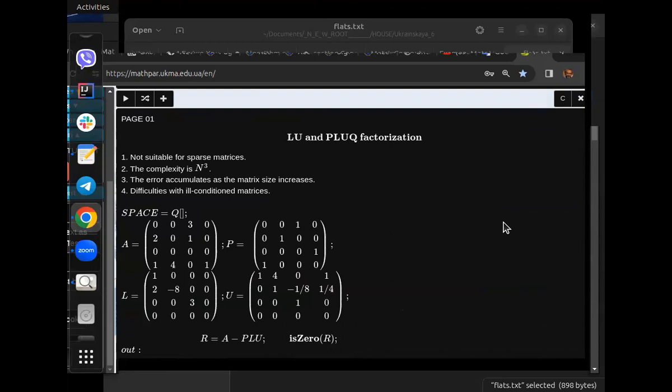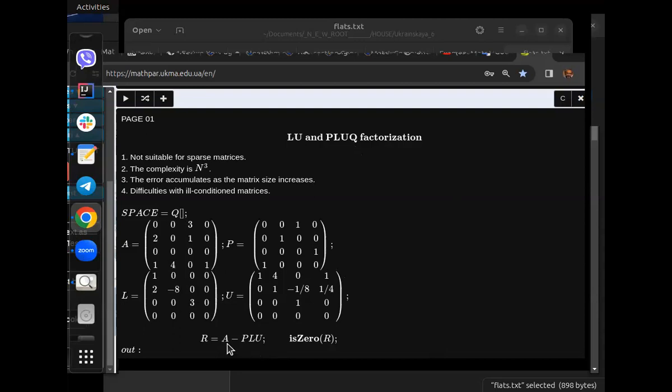Everybody knows the LU factorization and the case of PLUQ, where P and Q are permutation matrices. It is an example. If you have matrix A, then L is a lower triangular matrix, U is an upper triangular matrix, and P is a permutation matrix, and the product PLU is equal to A. This is the classical factorization, which is one of the most popular programs on supercomputers.